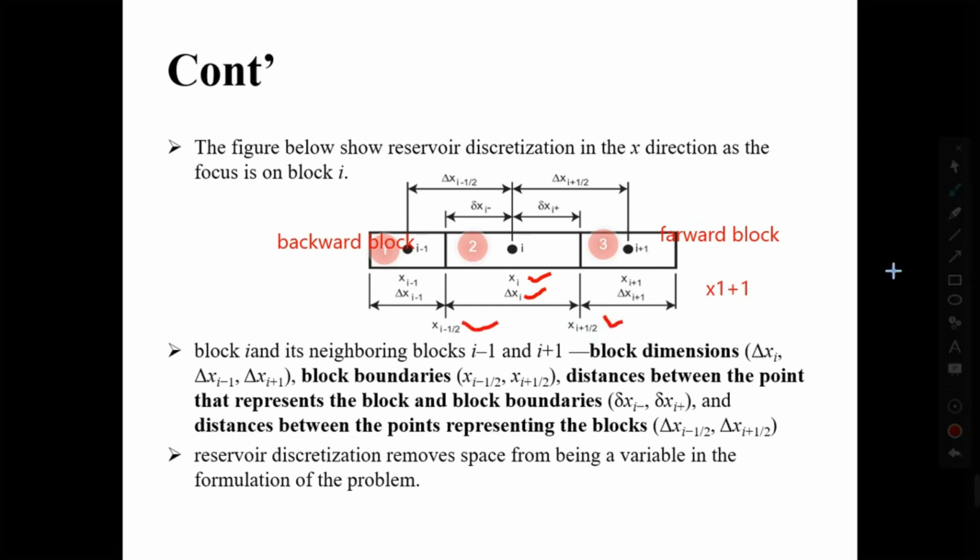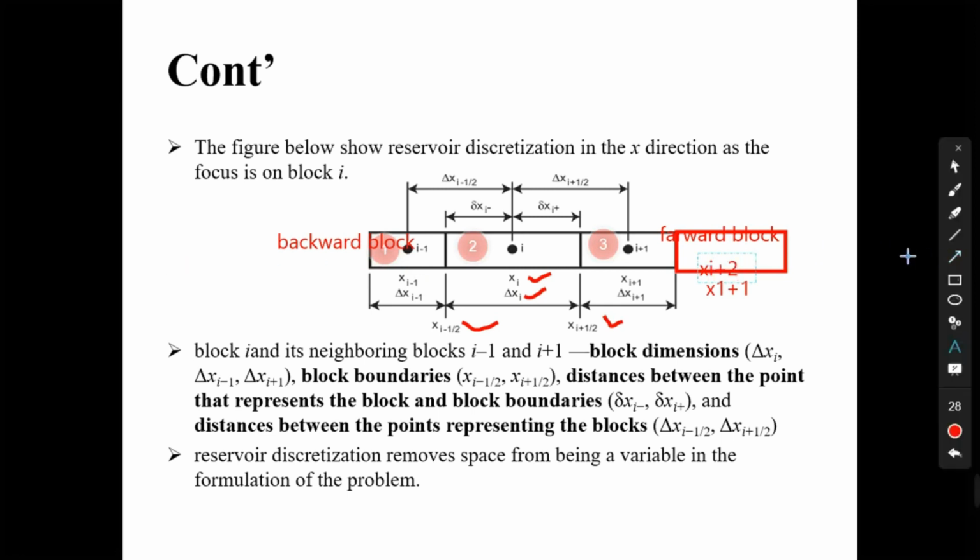For example, if you put another block here, this will be x i plus 2, then 3, then 4, then 5, and so on. This is x i minus 1 over 2. This boundary we represent by x i plus 1 over 2, or i minus 1 in the backward block, or reverse block we call it sometimes.